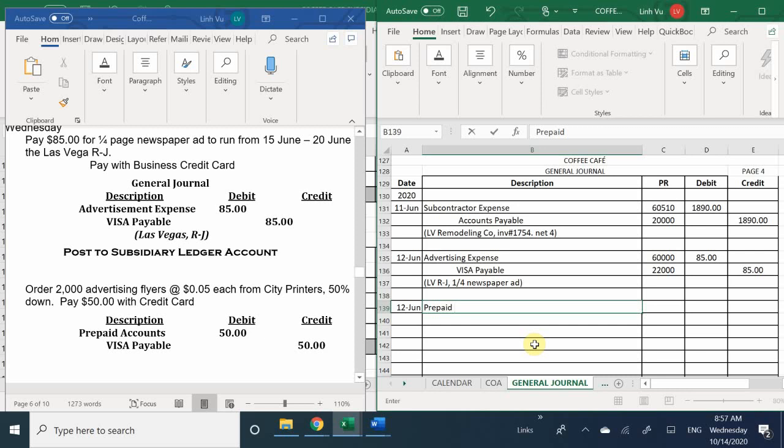So prepaid accounts, because we're making an advance payment, or we'll just call it a down payment, and we charged our Visa credit card. Prepaid accounts, can someone tell me what that is? 18,600, and my Visa credit card should be 22,000.